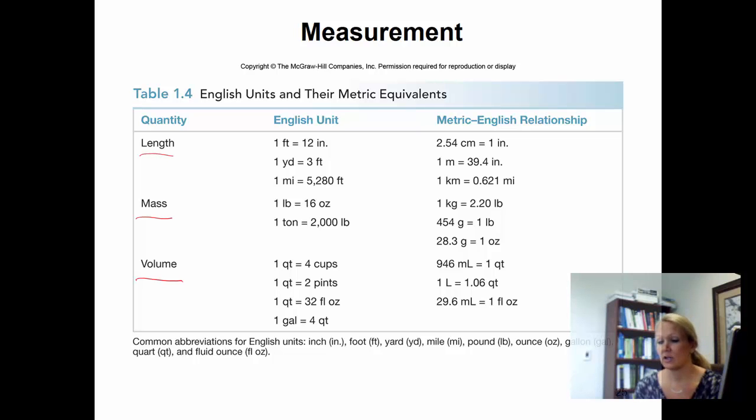We're going to learn how to use these later and how we can convert from one unit to another. You've probably done this before. If you measured something in inches and you wanted to know how many feet you measured, you may have just done it in your head, but you use these factors to figure that out. We're just going to take these a step further and convert from one unit to another later.